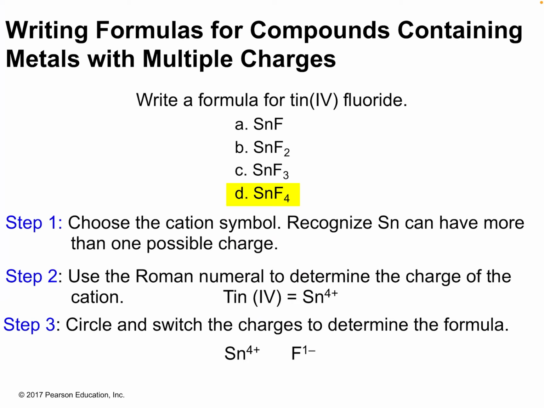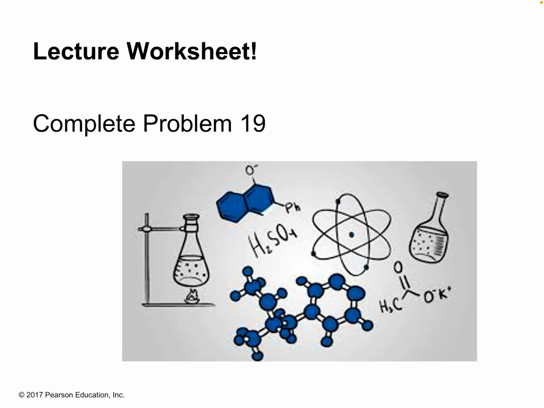And we know fluorine is a 1 minus. So when we circle and switch, the 4 is going to go to the fluorine. That 1 is going to go to the tin. So we're going to get tin 1, right, imaginary 1, F4. Okay, so go ahead and find lecture worksheet problem number 19 to get some practice doing this.